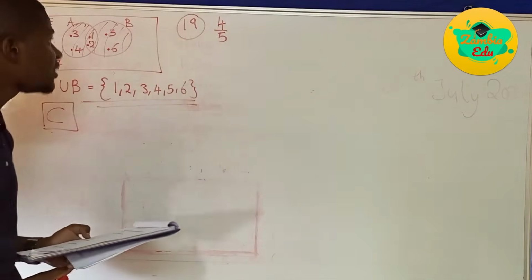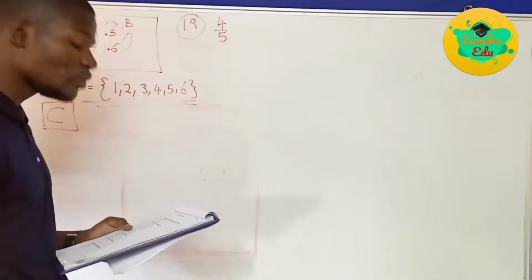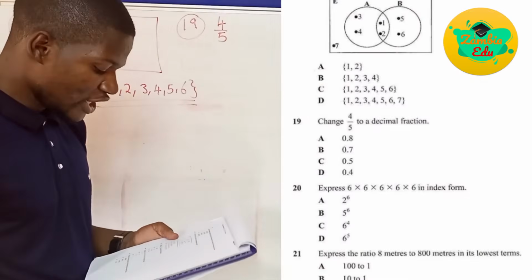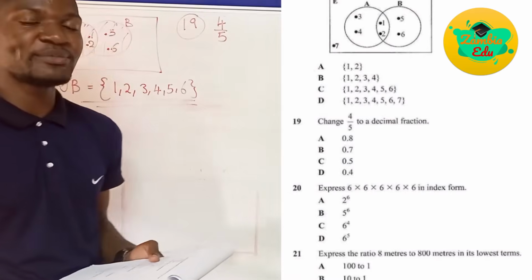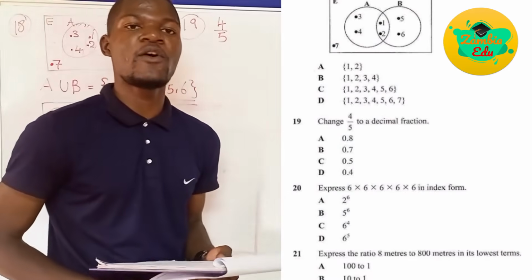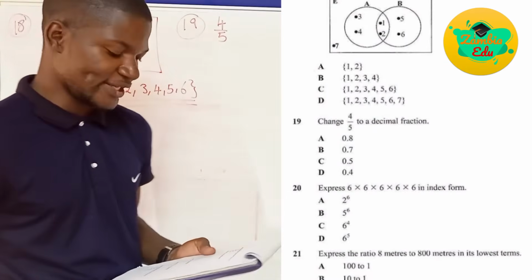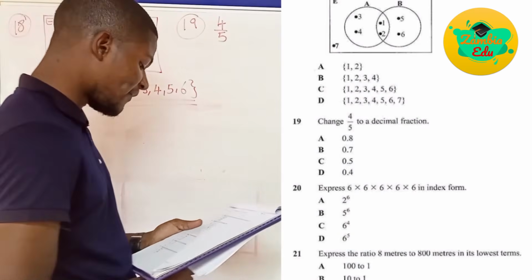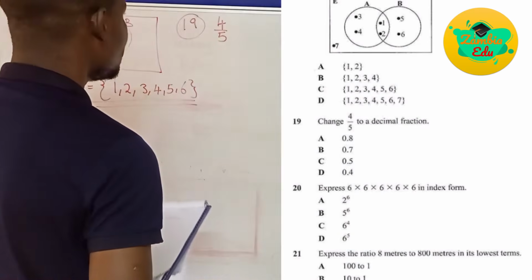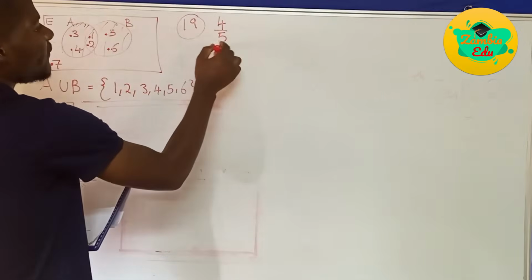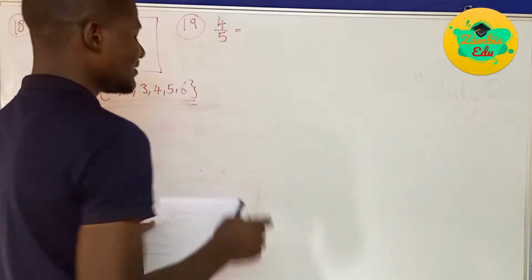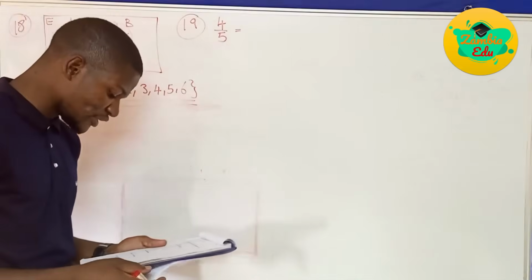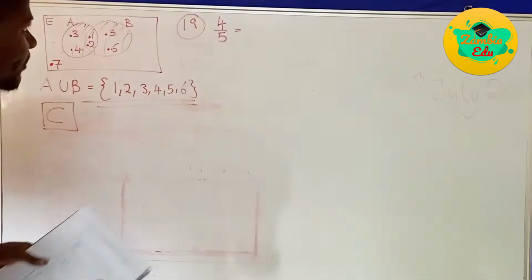Quickly, we do question number 19. Question number 19 says, change 4 over 5 as a decimal fraction. So we are going to convert this fraction into a decimal number. That is what is expected of us.